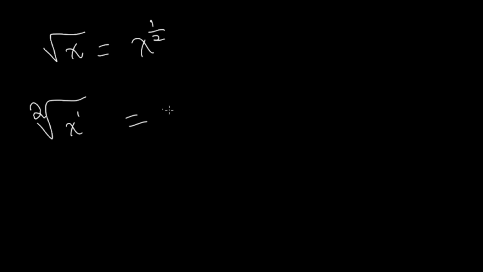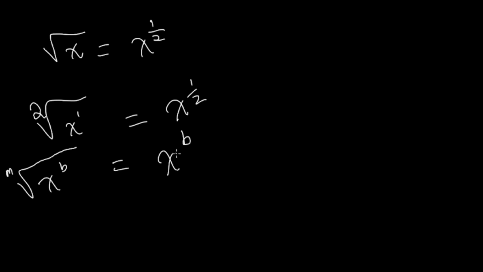Say I have x to the power of b, and the root is m. I can rewrite this as x to the power of b over m. B is the numerator, m is the denominator.